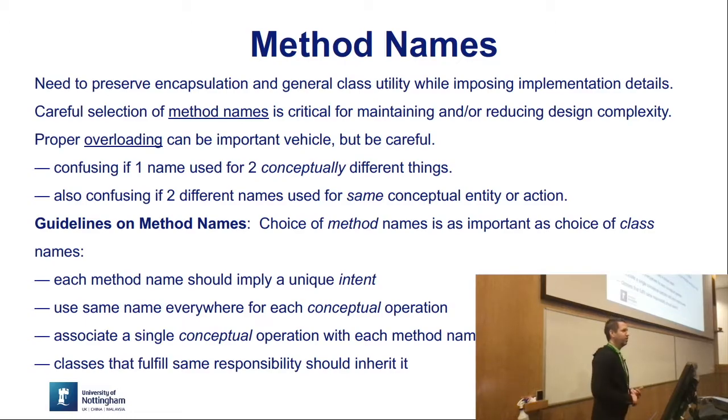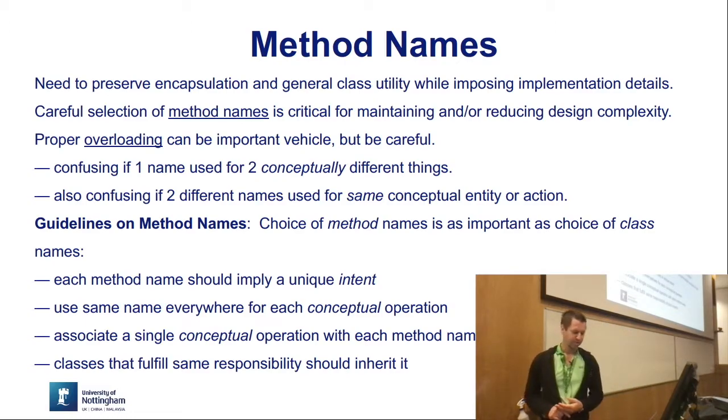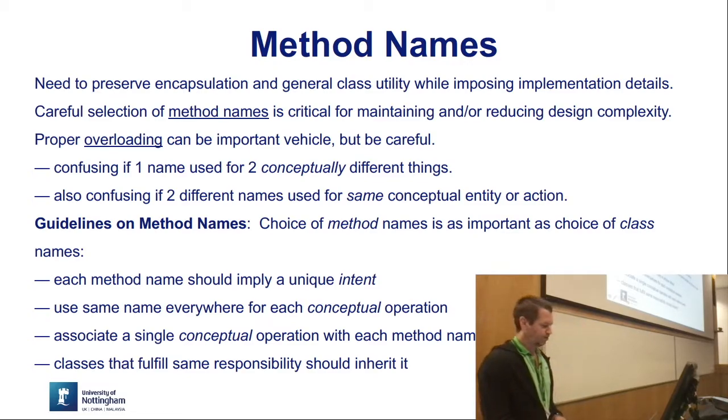You've already heard these terms, overloading, right? Proper overloading can be an important vehicle, but it can be confusing if a name is used for two conceptually different things. It can also be confusing if two different names are used for the same conceptual responsibility or the same action.